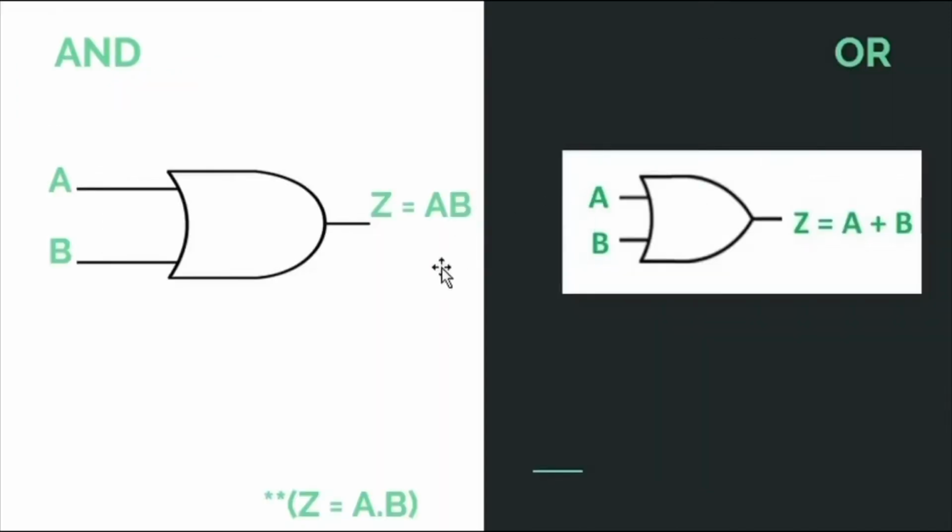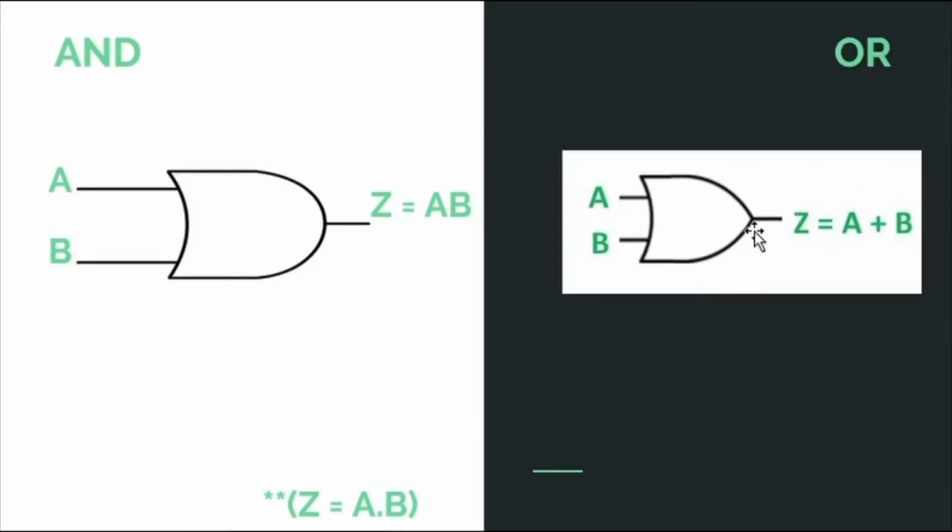So let's take a look at these symbols for the AND and the OR gates. As you can see, the AND gate is more curvy over here and here. It takes 2 inputs, as we said, and the output is 1 output, and that's how it's written. So it's written AB or XY. Some people write it as A.B. It's the same thing.